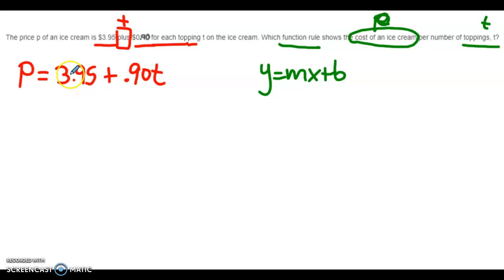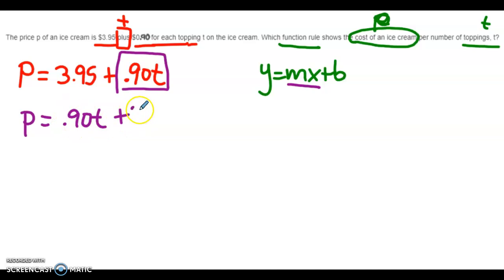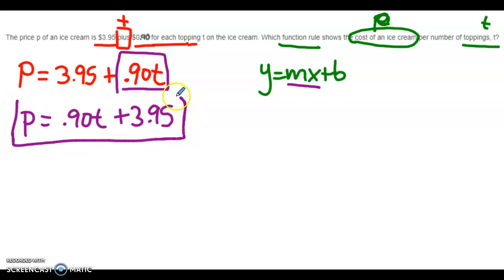But most likely, if it's a multiple choice test, it's going to want it in this form, which just means that the slope, or the number with x, comes first, and then the y-intercept comes second. So in this case, our letter is t, and the coefficient with that is 0.90. So we could rewrite this as 0.90 times t plus $3.95. This is probably the way it will be written. But the red way and the purple way are both correct. It just depends on what your answers look like.